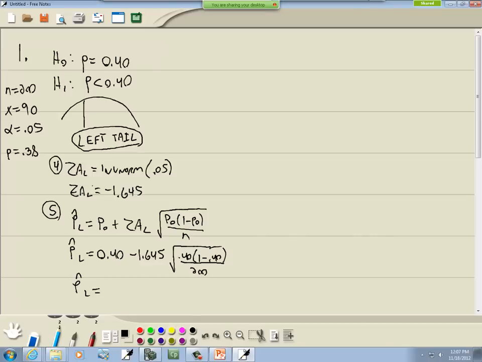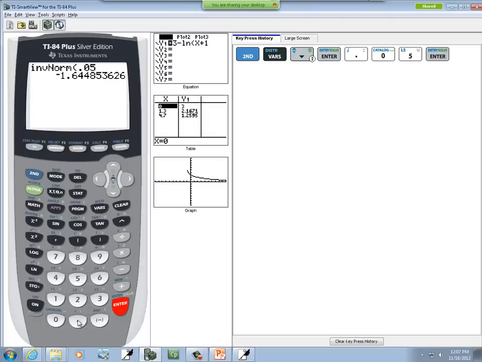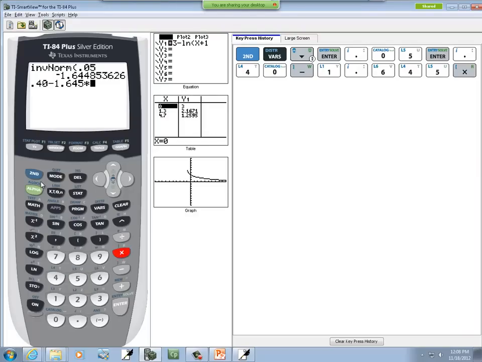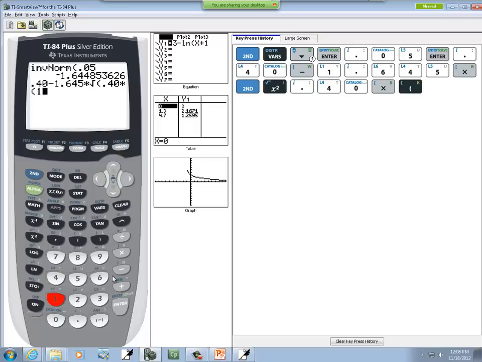Okay, so let's see what this gives us. 0.40 minus 1.645 times square root of 0.40 times parentheses 1 minus 0.40 closing parentheses divided by 200.